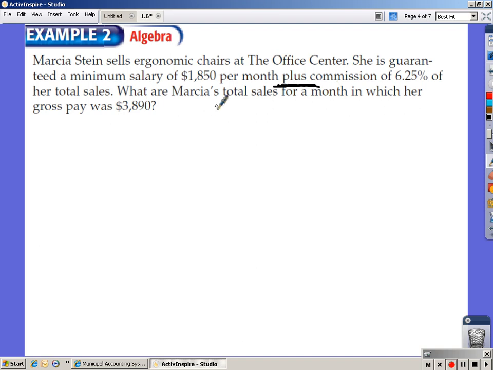Okay, so we're looking for her sales. So we're going to let X equal sales. Okay, so we identified my variable. Let's set up my problem. We know that she had a gross pay of $3,890.